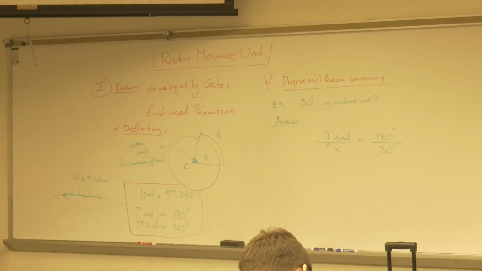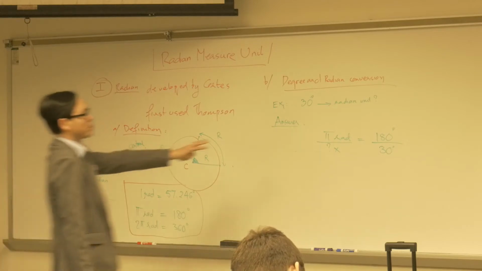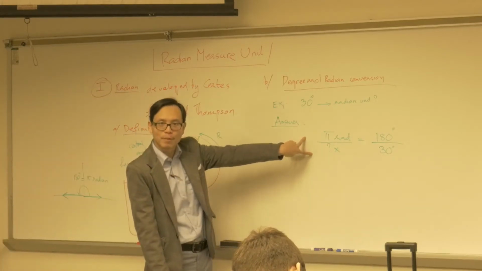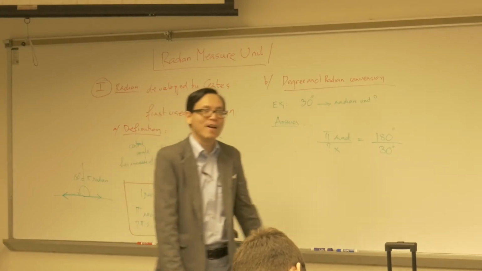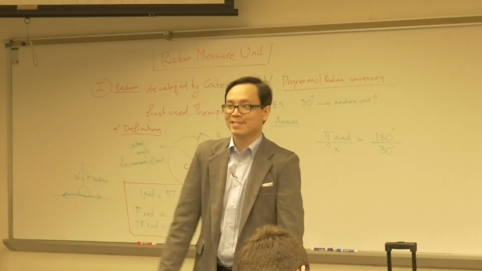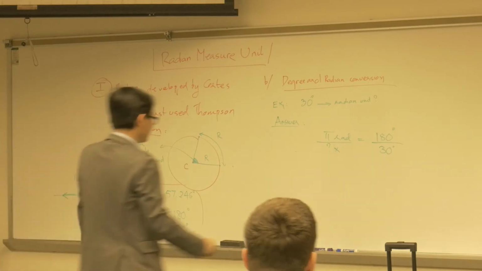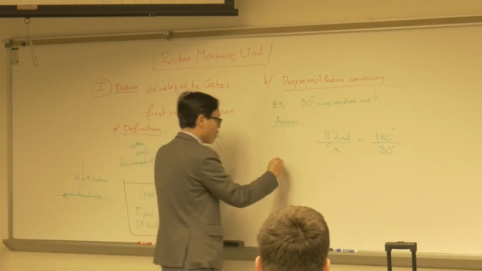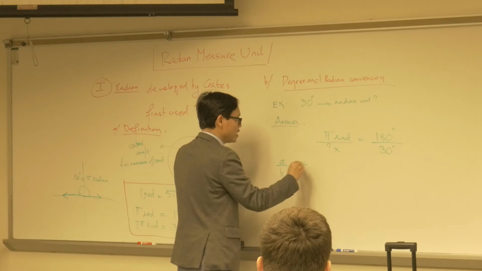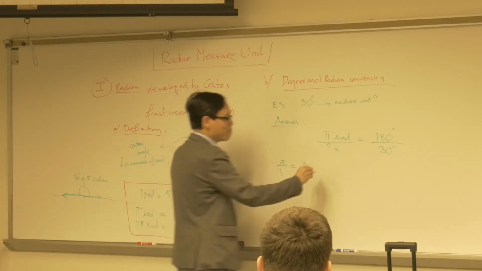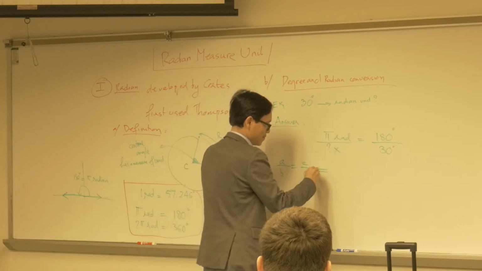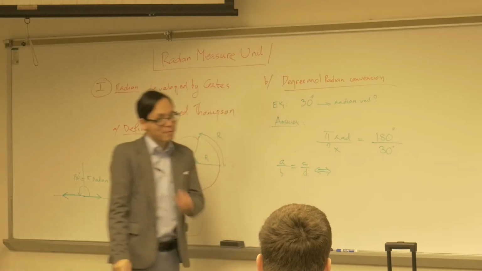So what I have on the board is a proportion, the proportion concept we learned in Developmental Math 2. Remember, A over B equals C over D. I'm going to give you a quick recall. A over B equals C over D is equivalent to, anybody remember?